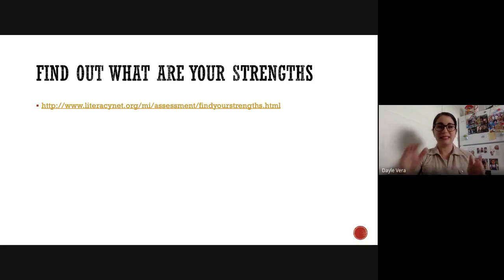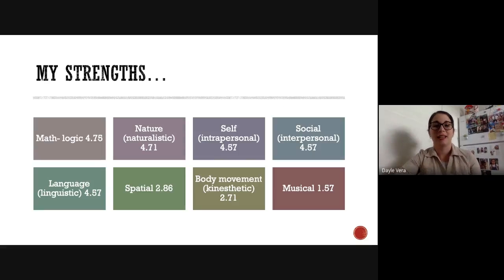Now, this is a link that you could click to find your strengths and see what your top 3 intelligences are. And these are mine. Math and logic, I score the highest. Then, as I mentioned, nature, I love nature. And intrapersonal, so I'm really able to analyze and think about how things relate to myself and how I could make the world better.